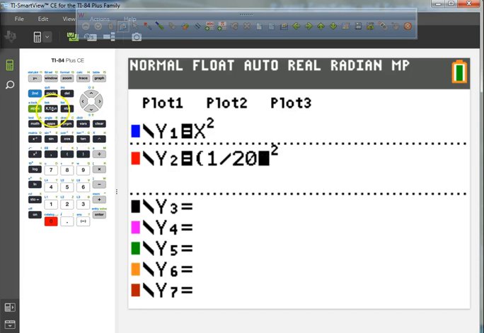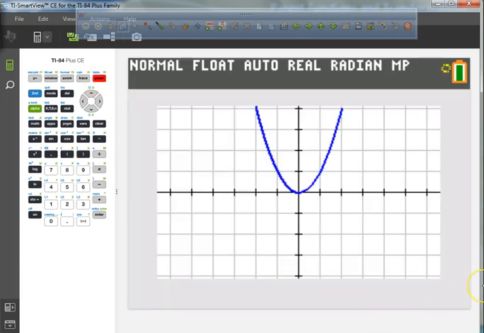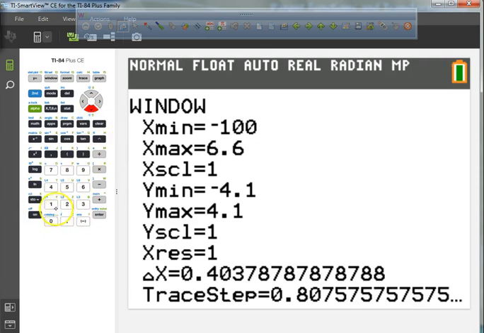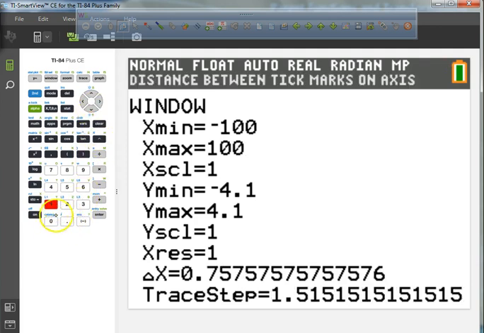If I do 1/20th x squared, like that, watch. It almost looks perfectly flat, even though technically it isn't. If I wanted to change my window, I could go from negative 100 to positive 100, then you might be able to see the curve. We'll change it to 10.